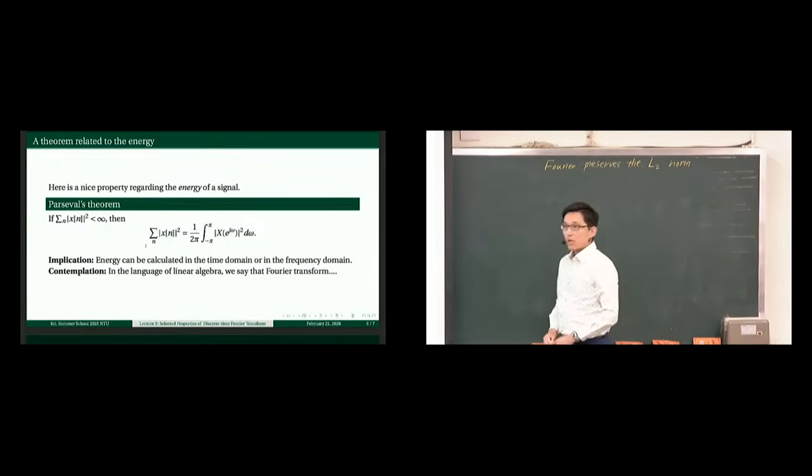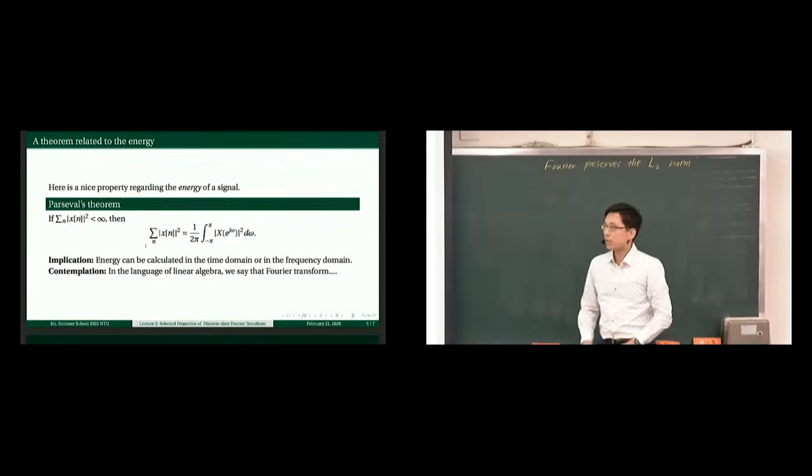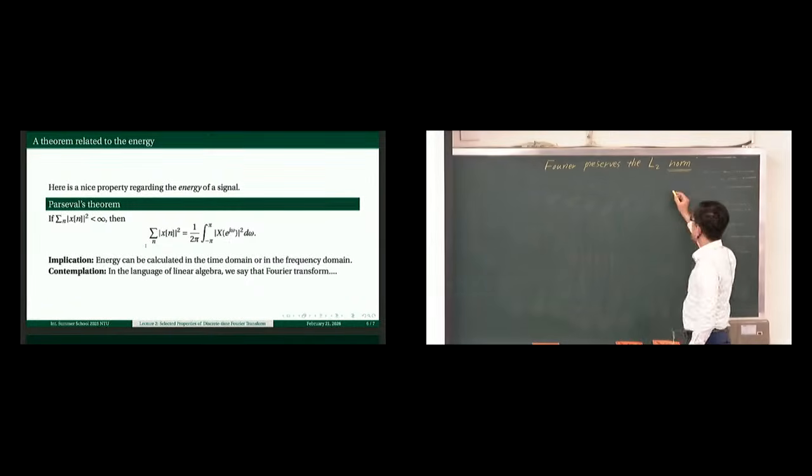So that is to say, now you need to think of your signal as a vector in some sort of vector space. Because norm 是向量的长度. Norm is a kind of length of the vector, right? So when we say norm, we are already thinking of our signal as if it belongs to a certain vector space.